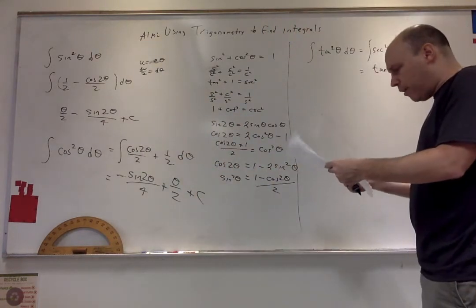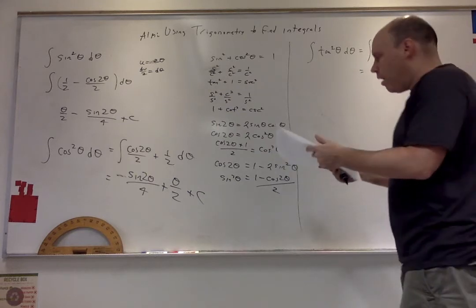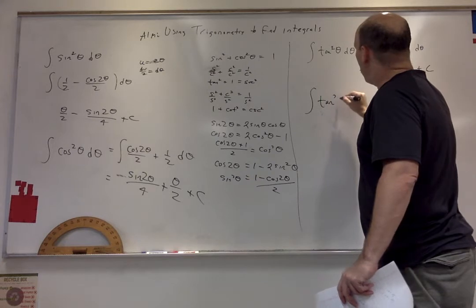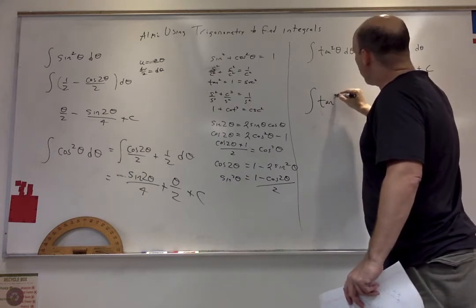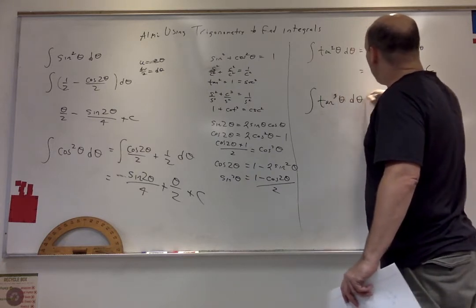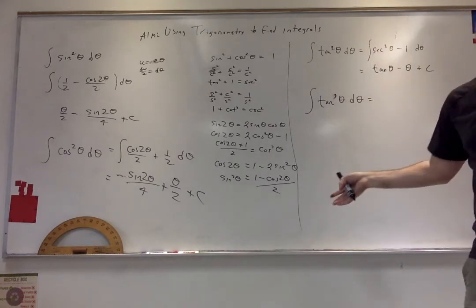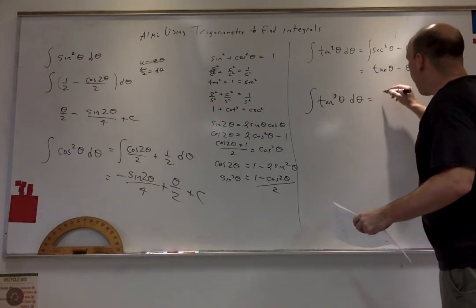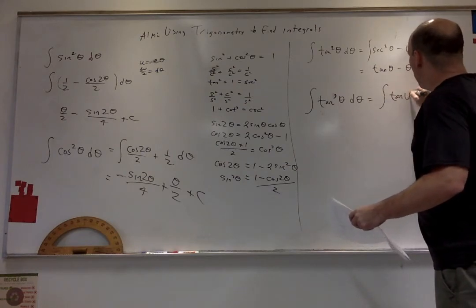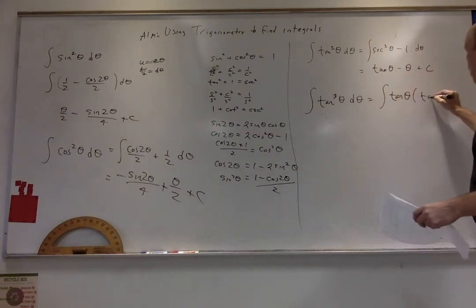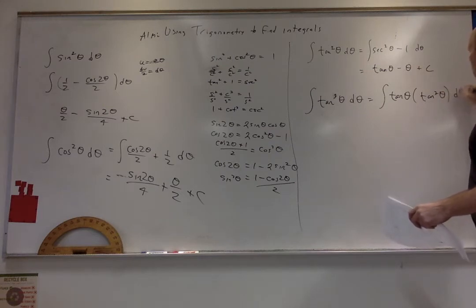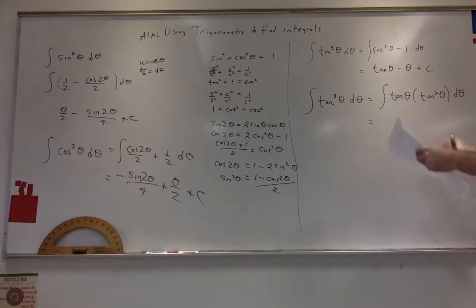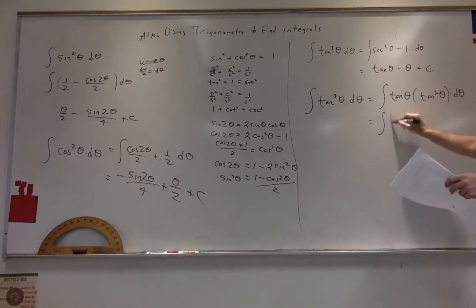Let's go and deal with, what do you think? Well, let's start with tangent cubed. What do you think? Well, these are old techniques. You can investigate. The idea is you're going to factor out a tan. Okay, and then you're going to distribute it through. Oh, no. We're going to make a substitution here.